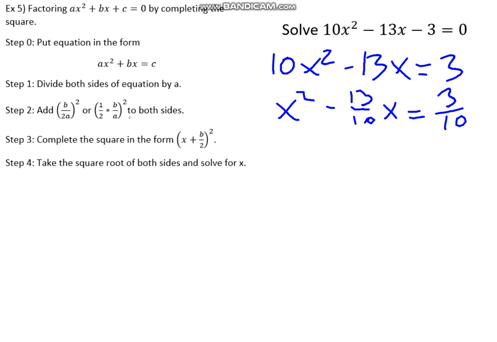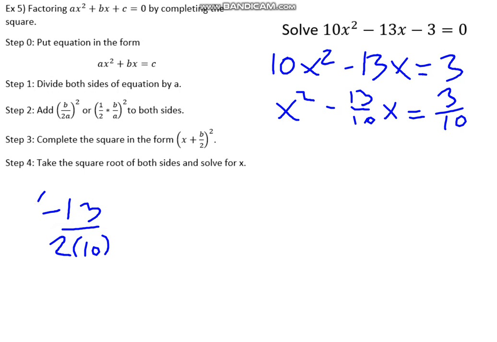Now the next step says to add b over 2a squared, or 1/2 b times a squared. So in this case, b is 13 over 2 times a, which is 10.